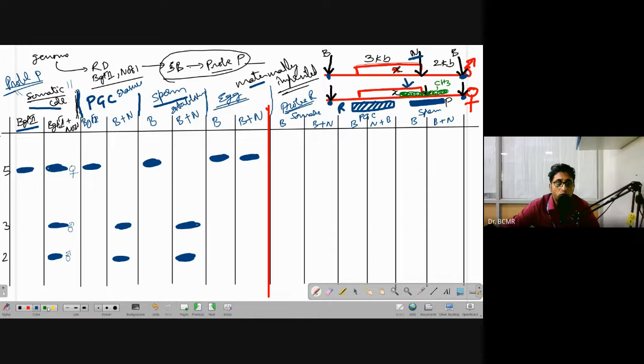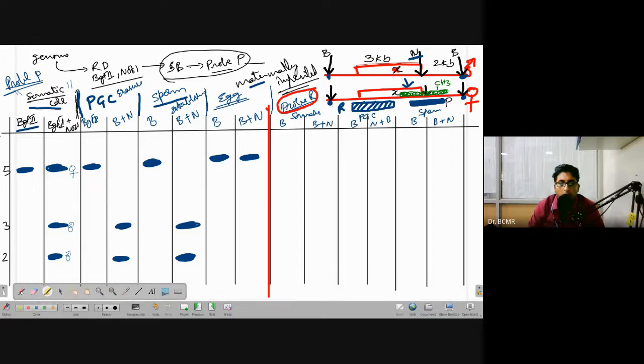There is only one difference, and the difference is the probe. So what would you expect? Band sizes, and how many bands? Anybody? For somatic cells, what would you expect?